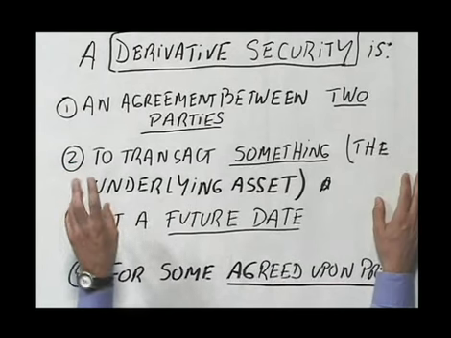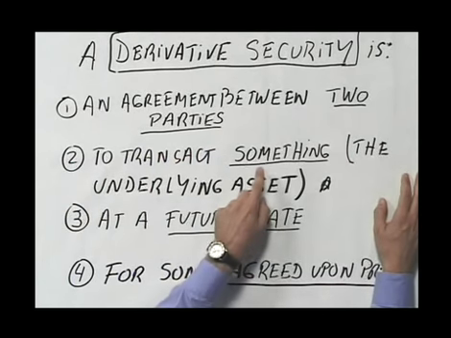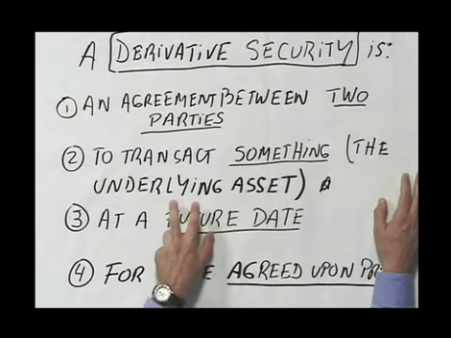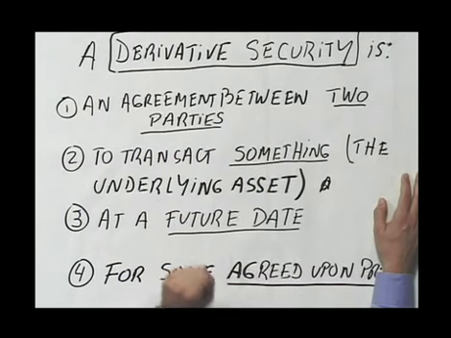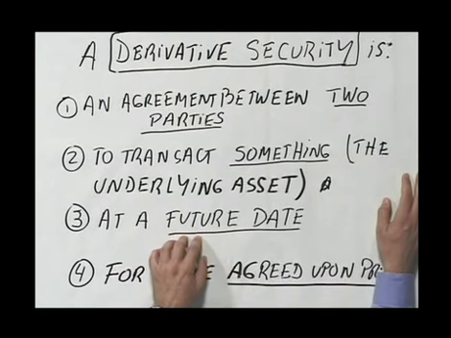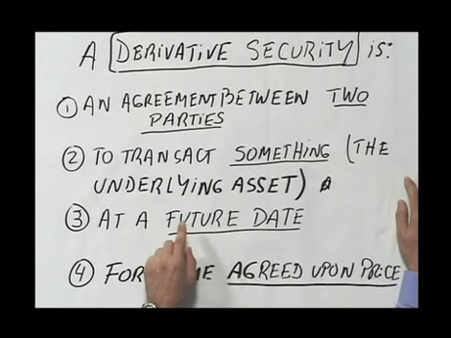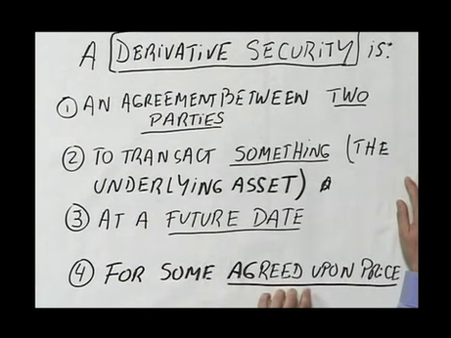So remember, a derivative security is an agreement between two counterparties to transact something that we will call the underlying asset. When will we be transacting this underlying asset? At a future date. That's the third element of a derivative. And the fourth element is: what is the price that we'll be transacting this asset for? And that is the agreed upon price that has different names depending on which derivative we're talking about.